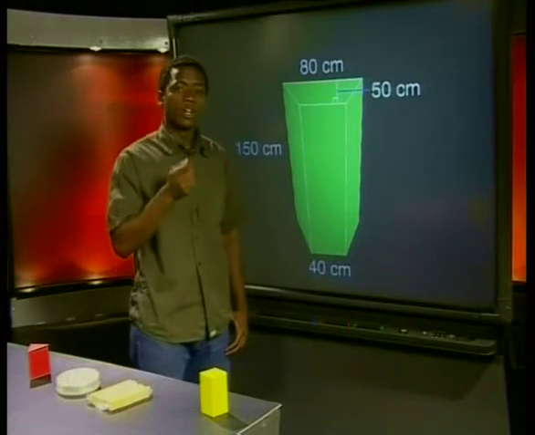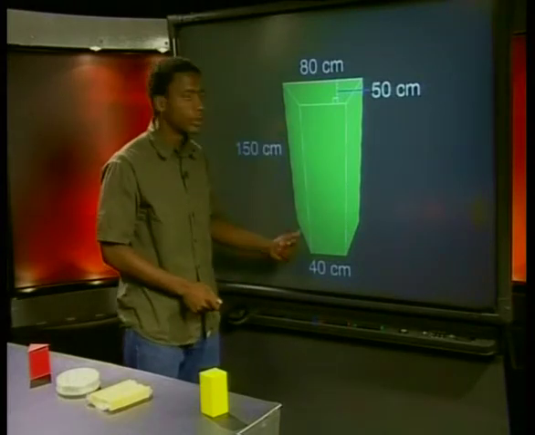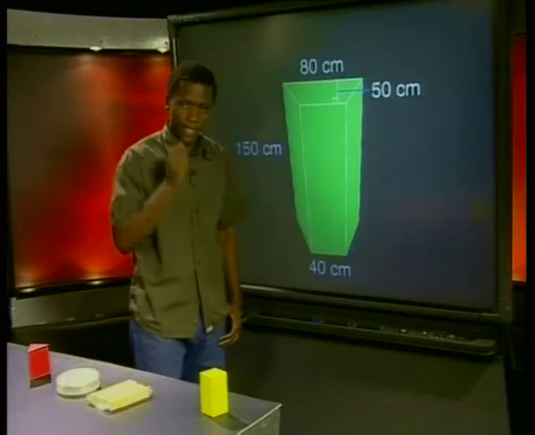So working out the volume of this right trapezoidal prism should be quite easy now. See if you can do it with me.